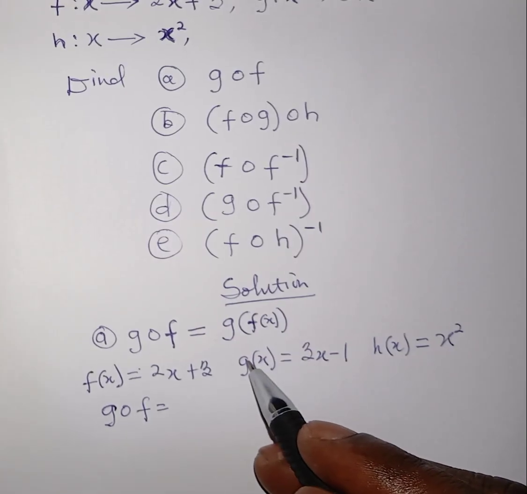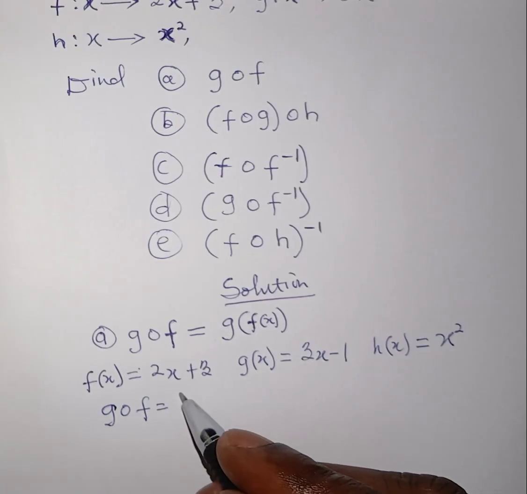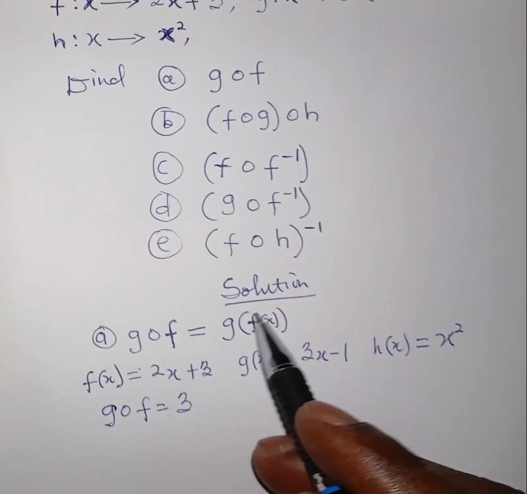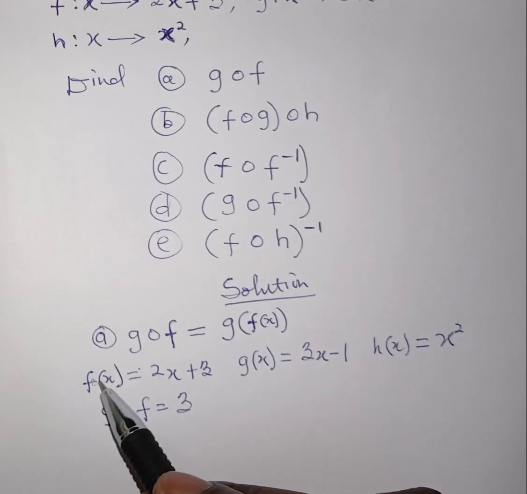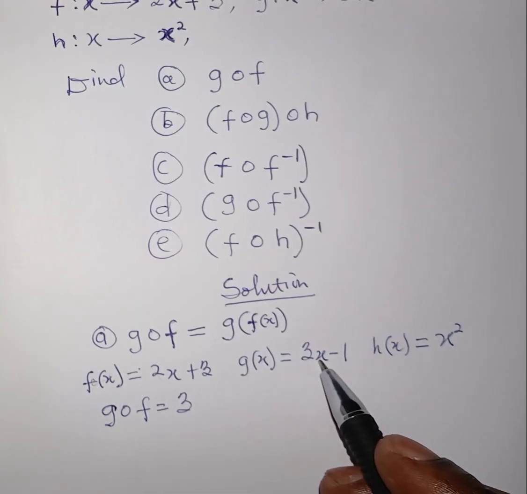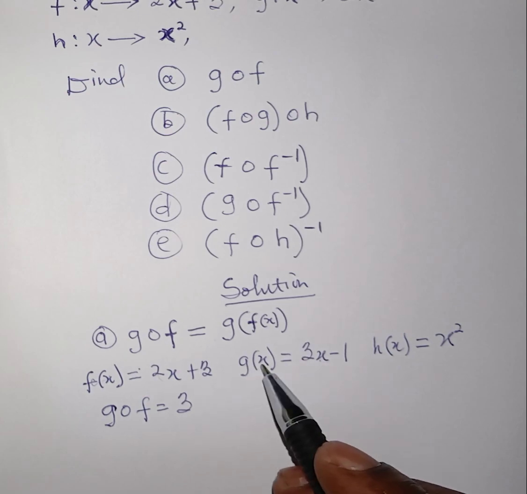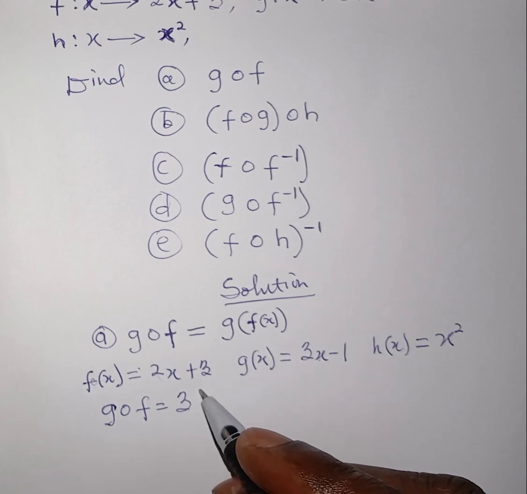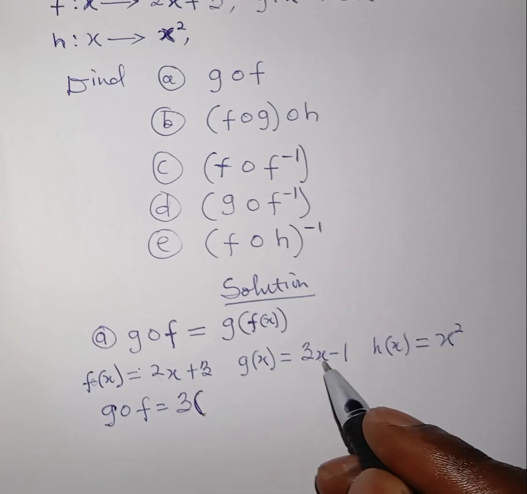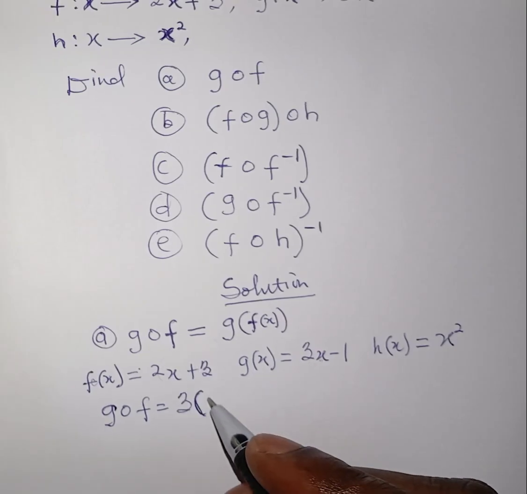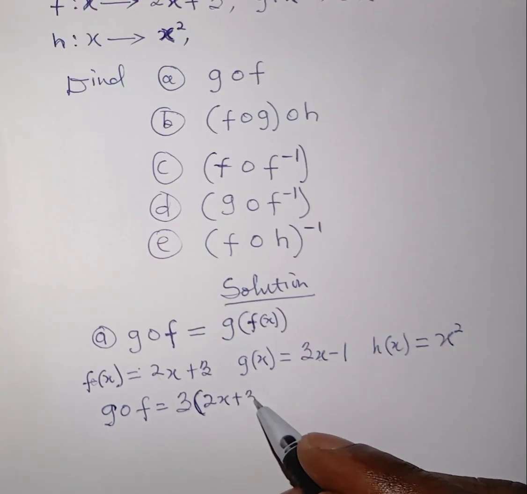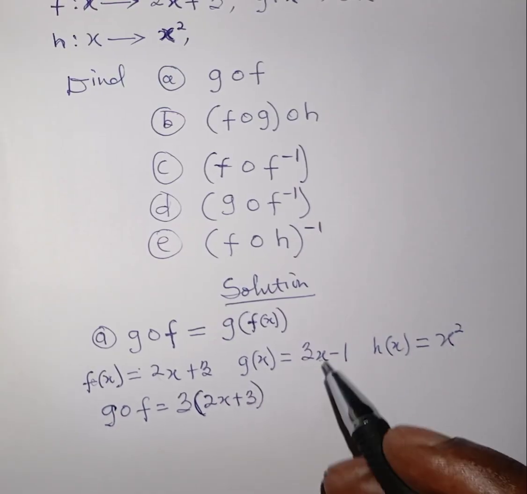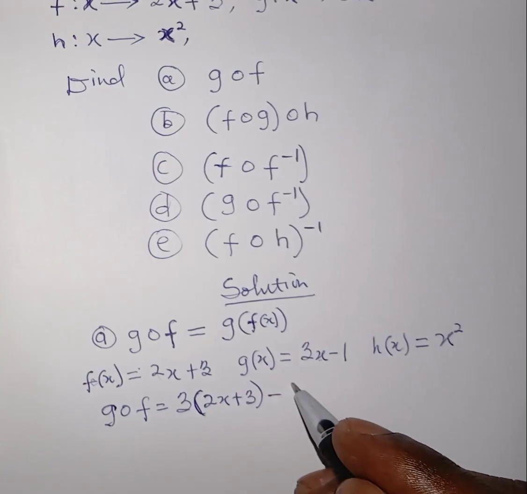So if that is the case, then what is g at x? g at x is 3x minus 1. And we are saying that we should substitute the function f at x for x in the function g at x. So it means that in place of x, I will put the entire function of f at x there, minus 1.